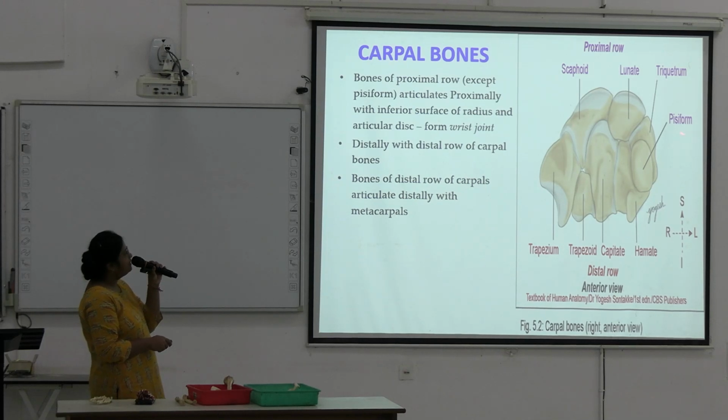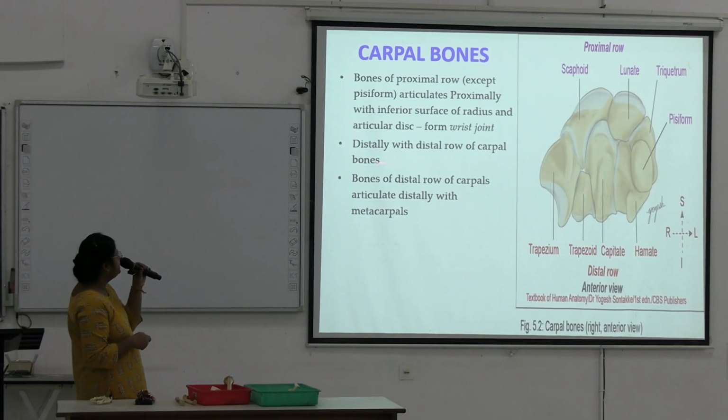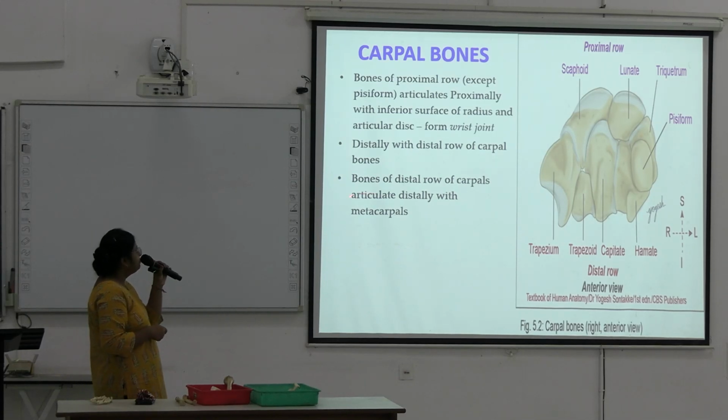The scaphoid, lunate and triquetrum articulate with the lower end of the radius and the articular disc of the ulna. Distally, the bones of the distal row articulate with the metacarpus. These are the bones of the distal row: trapezium, trapezoid, capitate, and hamate.